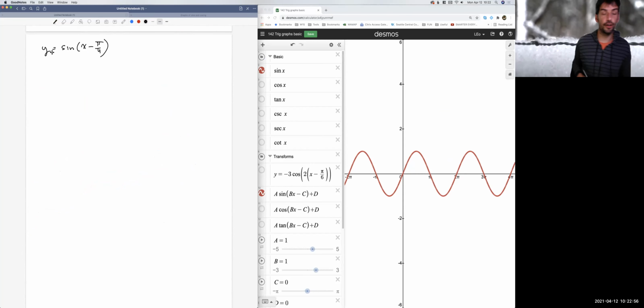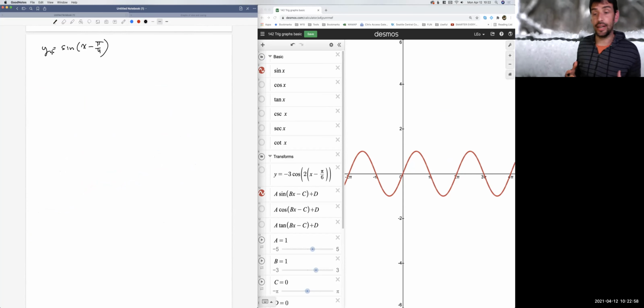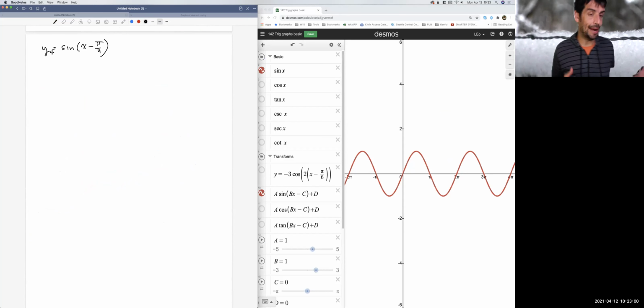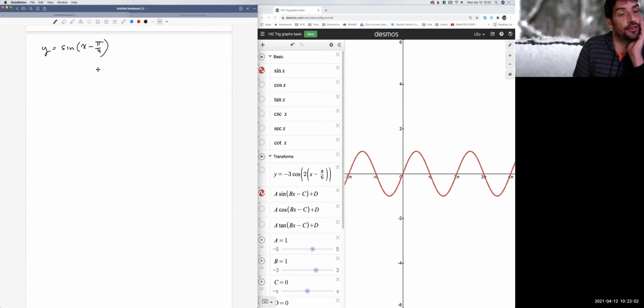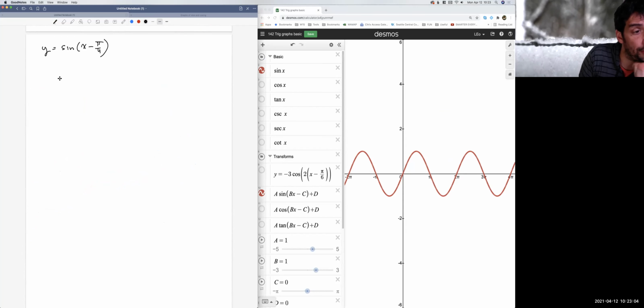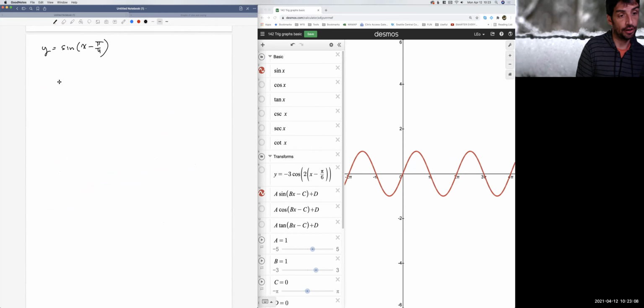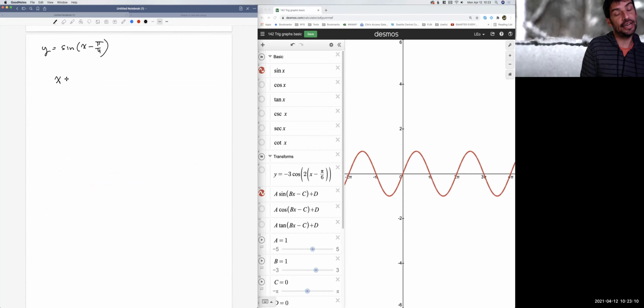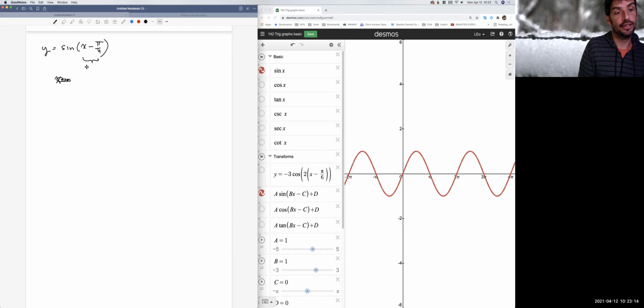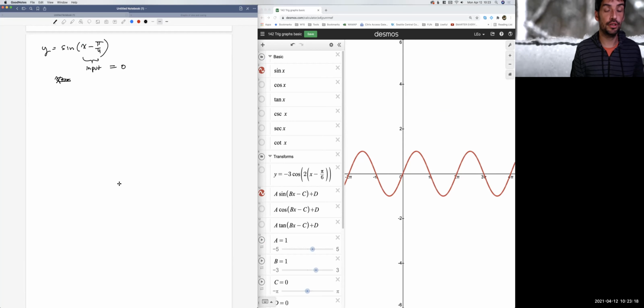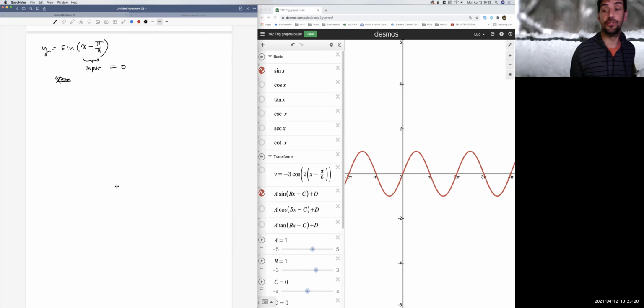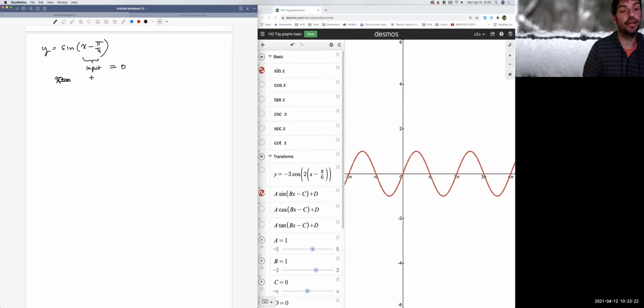This is our function. One way to think about it is, like I said, what happens to the 0 point? In other words, sine of 0 is at 0, so I want to know what input gives me a 0. So for instance, if I did x, I want to know when is the input equal to 0, because that will give me an output of 0, and that tells me where I can anchor my function.